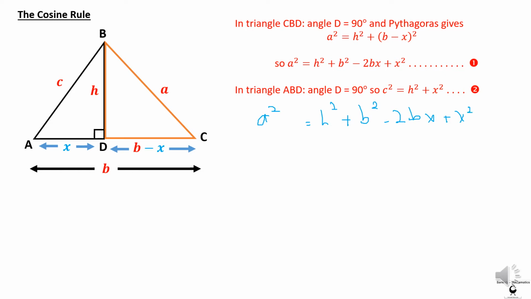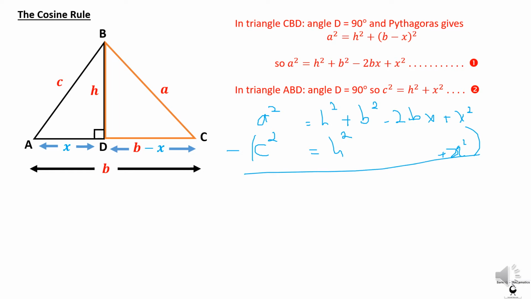And I'm going to subtract equation 2 from it. c squared equals, equation 2 is given to me as h squared, and then there is plus x squared in it. So when I subtract the two from each other, you realize that you are going to eventually end up with something like this.